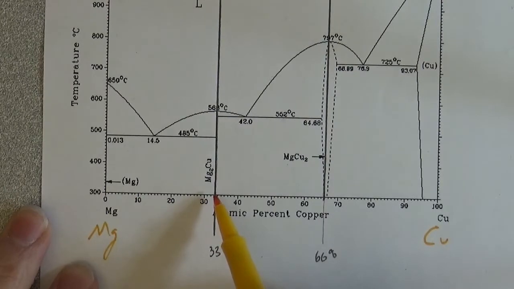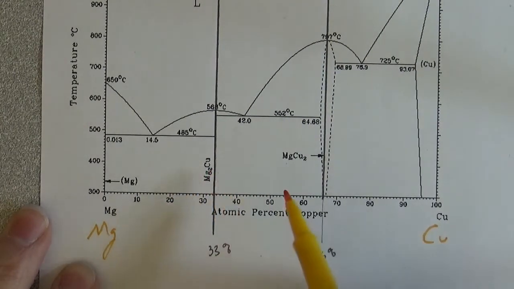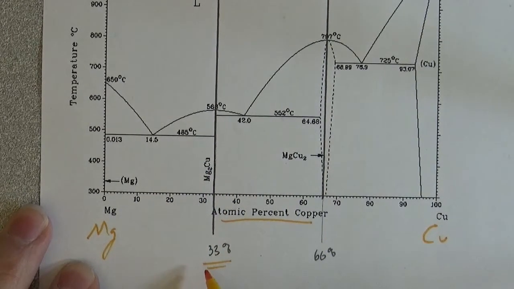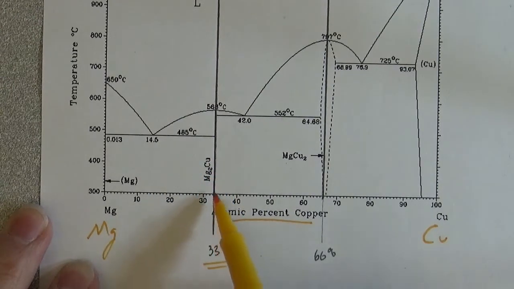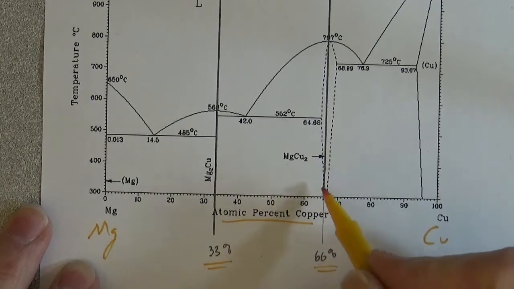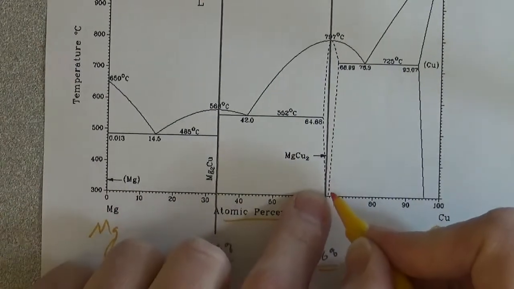Here's another line compound. It is Mg2Cu, and this is atomic percent. At exactly 33%, because it's a 2-to-1 ratio, you get this line compound. Then if you go over to 66%, we get another, well, this one's not a line compound, this is a solid solution, MgCu2, and this one has some thickness to it.